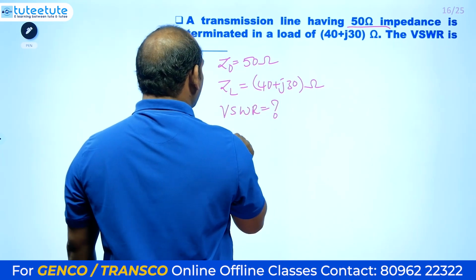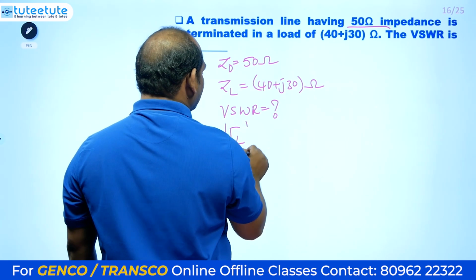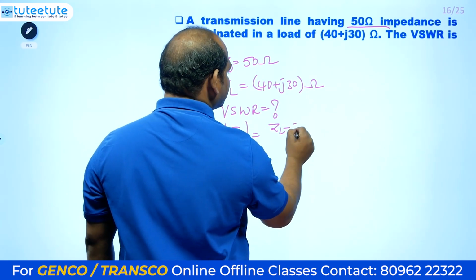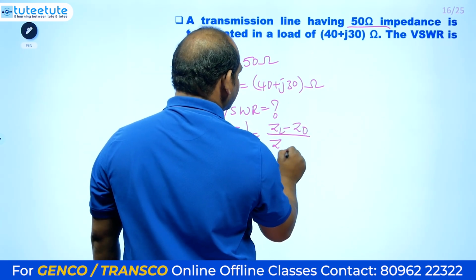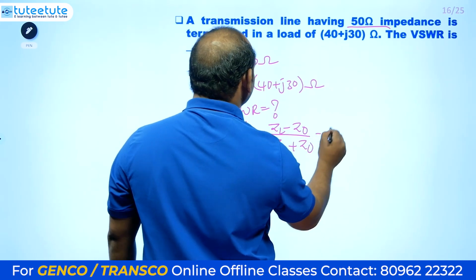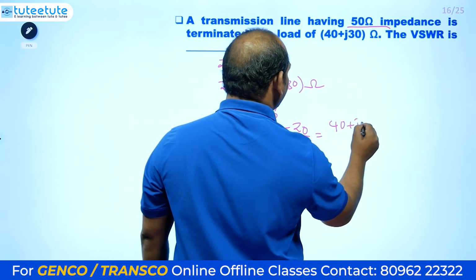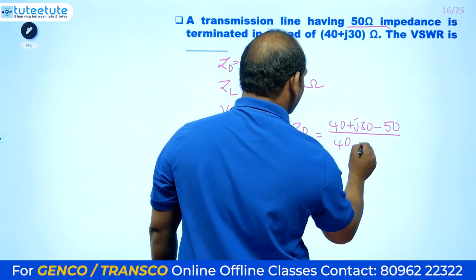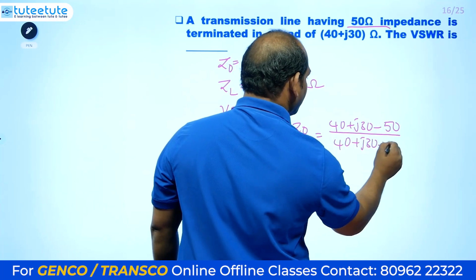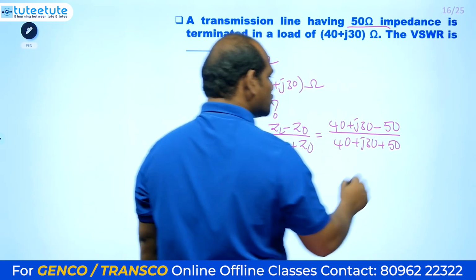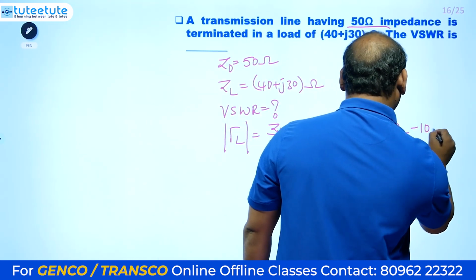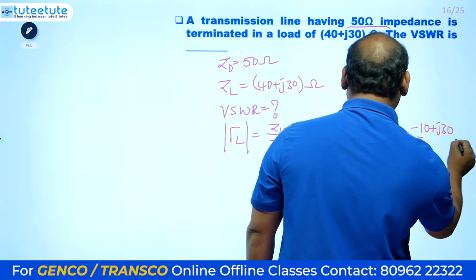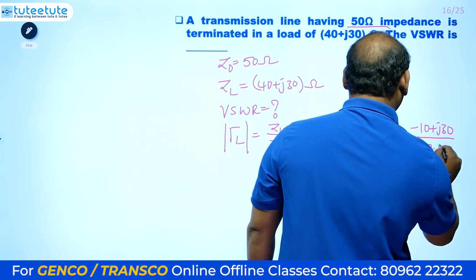To get VSWR, first we need gamma L, that is equal to (ZL minus Z0) by (ZL plus Z0). So that is equal to (40 plus j30 minus 50) by (40 plus j30 plus 50). So it is equal to (minus 10 plus j30) by (90 plus j30).